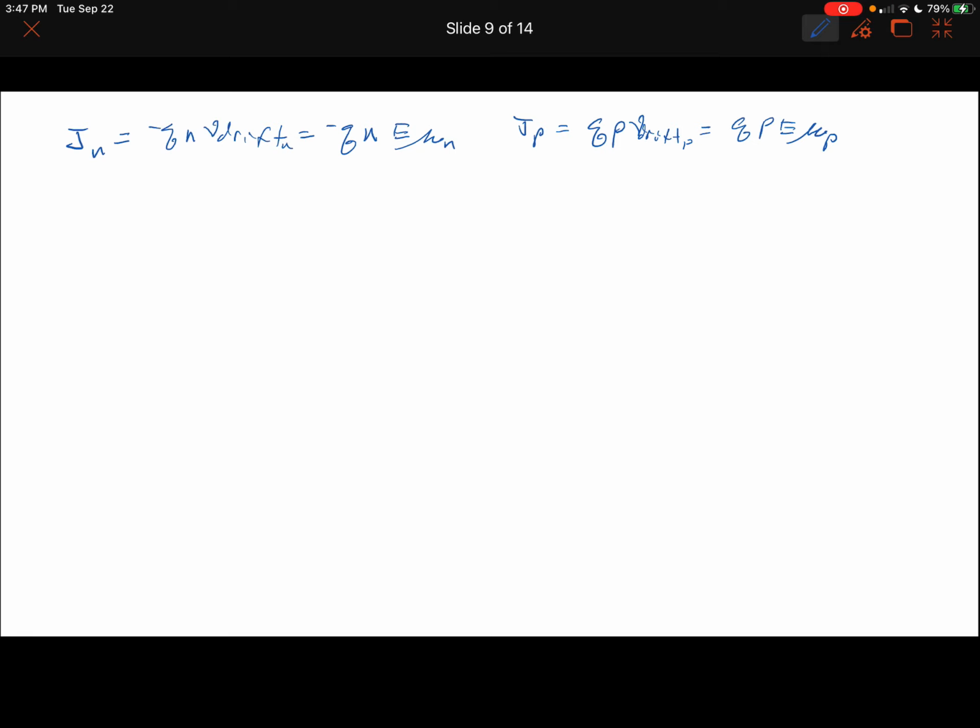Now, these don't have to be equal to each other. The electron and hole concentrations might not be the same. I guess I should mention, here we've got units of coulombs times n, which is number of electrons per cubic centimeter, times volts per centimeter, and times centimeters squared per volt second.